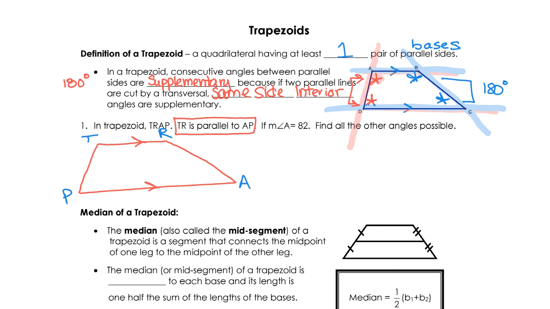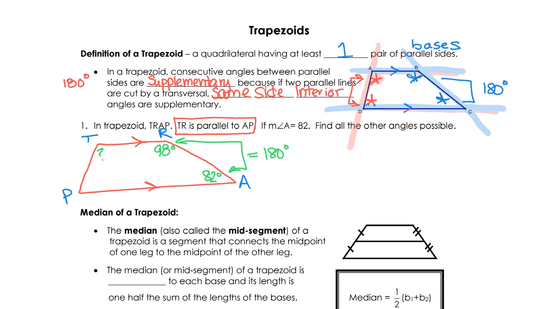And so now we can go ahead and fill in that their angle A is 82 degrees. They want you to find all other angles possible. Well, we could actually only find one because this is only a trapezoid. We only know that these two angles add up to equal 180 degrees. And so there are only 98 degrees left for angle R. Okay?